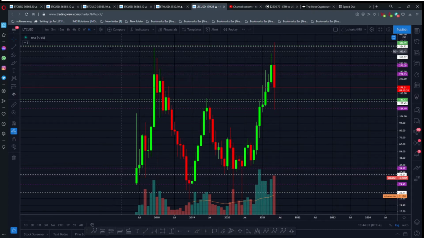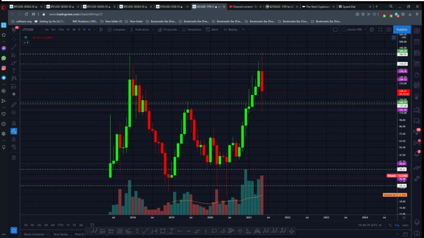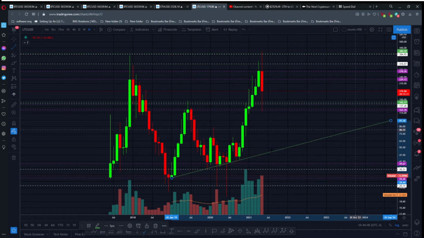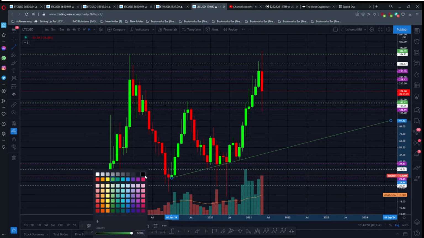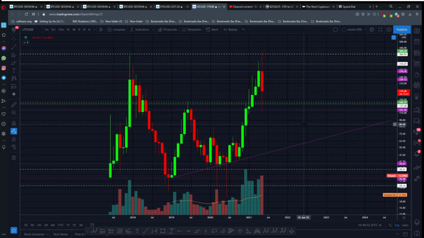And then we did get a higher high from the last bull, and I am going to place this line. I have another short for Litecoin, and I have a line here that I need to pay attention to. This line is in purple because this is a monthly line.